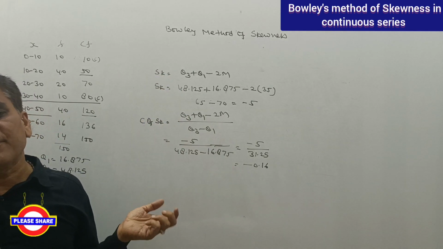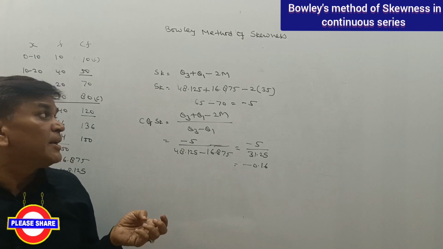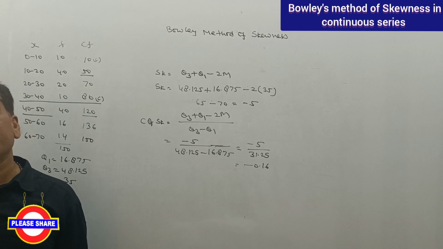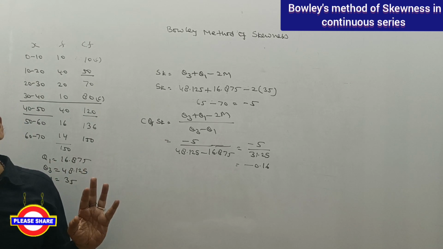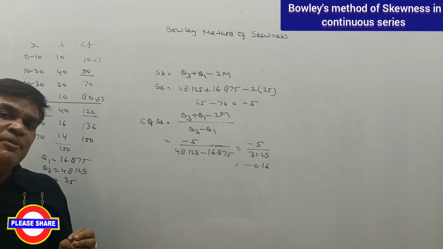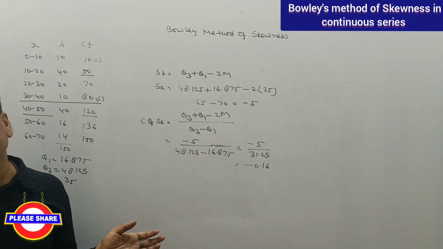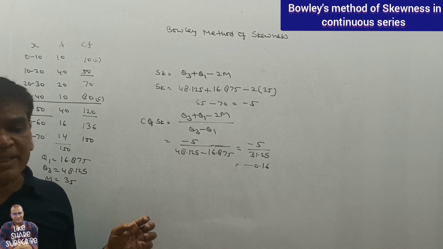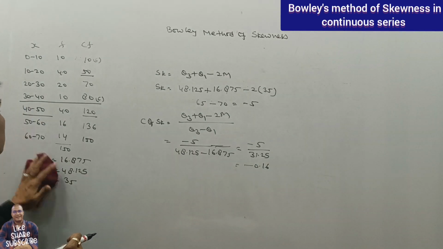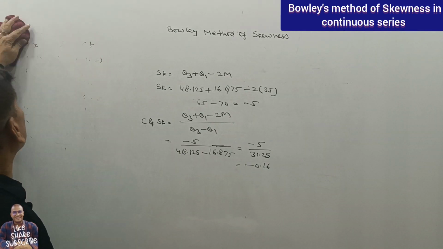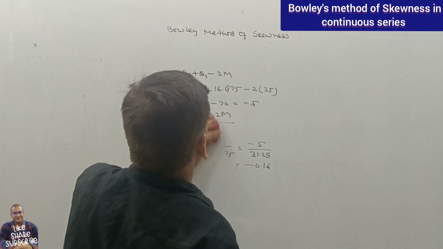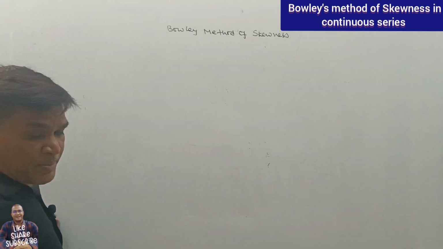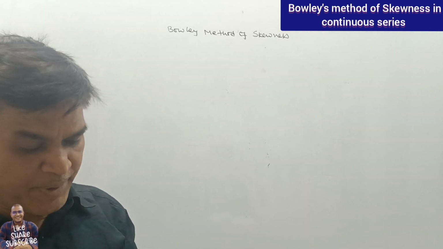Then we put them in the formula Q3 plus Q1 minus 2M for skewness, and for the coefficient of skewness this formula is applicable. With the help of this, we can easily calculate the Bowley coefficient of skewness in the case of a continuous series also. We have another problem of a continuous series, so it will make you perfect in calculating the Bowley coefficient of skewness in any type of question, and you can do it with no problem at all.